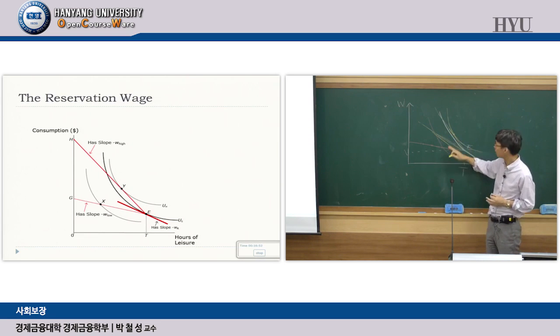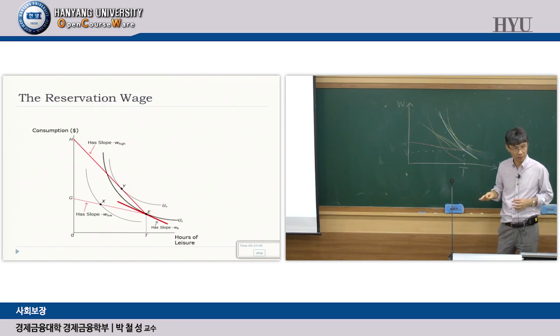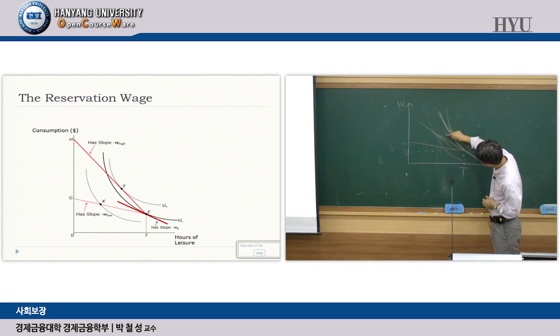Okay? So let's do that until we find the slope that makes that person just at the threshold. How do we do that? Actually, if you think about it, we make it a little higher or a little lower, and at the end, where we're going to end up is like this one.